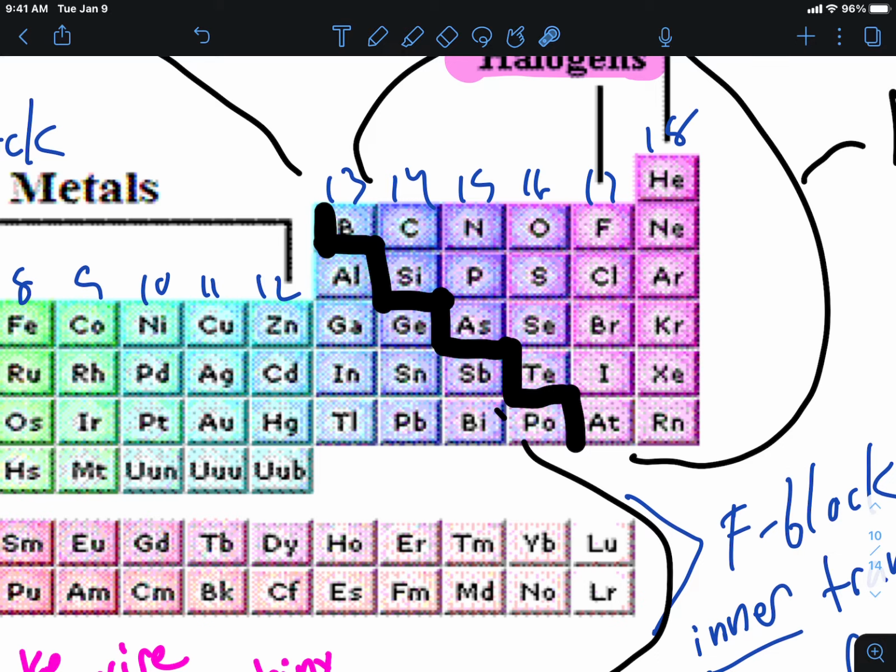There is one semi-metal on here that is the most important economically, the most used today. What do you think it is? Silicon. What do we use silicon for?